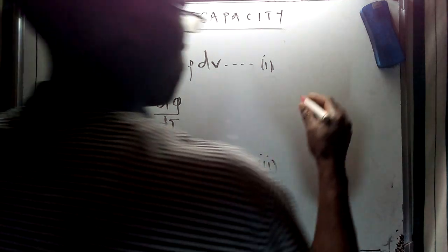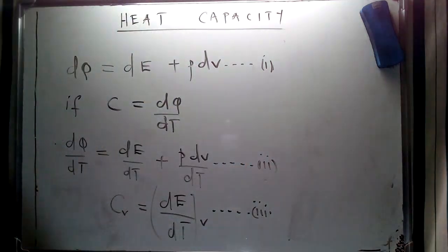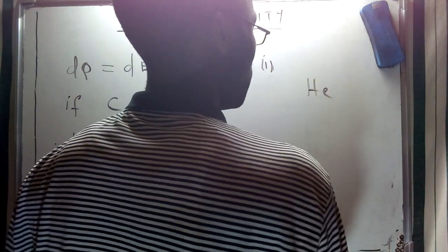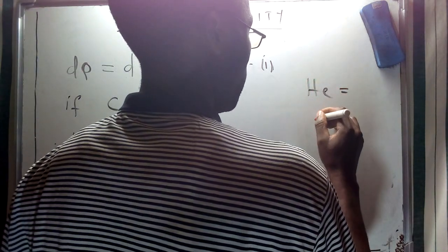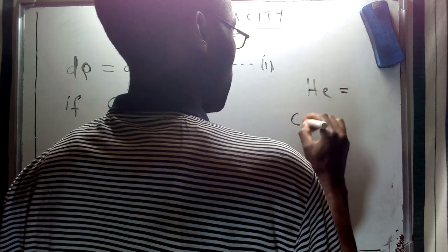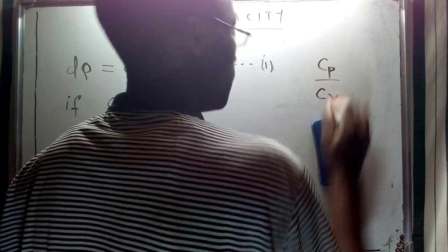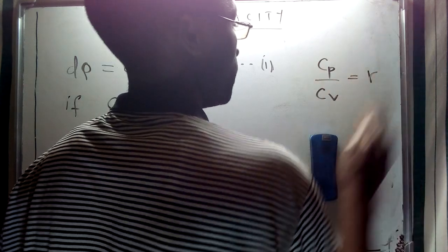I'm going to give an example of gases, e.g. helium. So this is the CP over CV value, which is going to be represented as R.